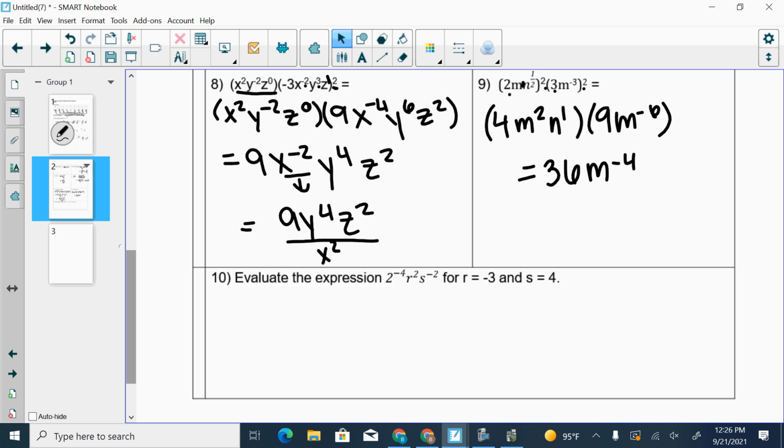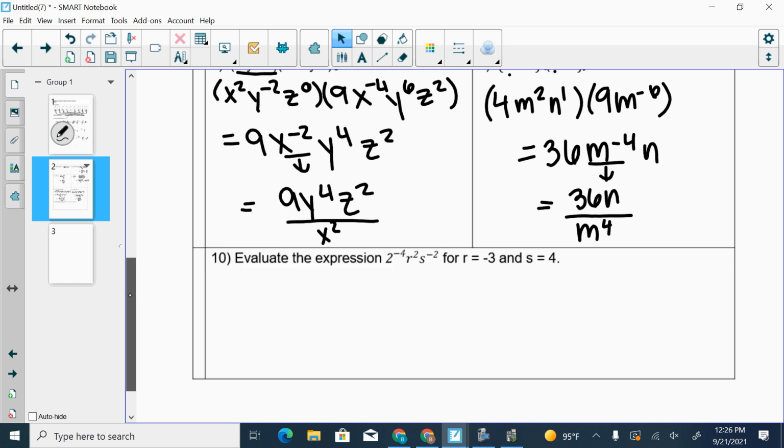Good. And then is there anything for the n to be combined with? No. So do we need to move anything? Got to move m to the bottom. So we'll have 36n over m to the 4th. So we're moving it now. Okay?